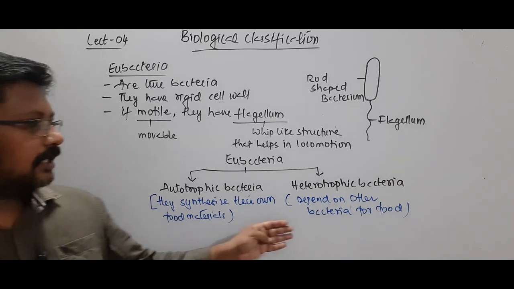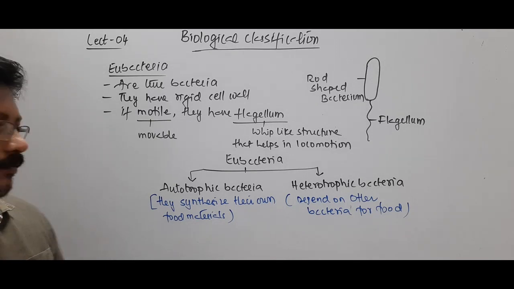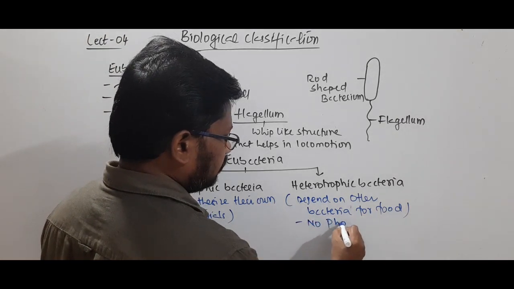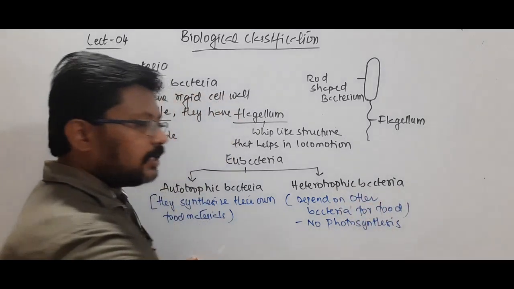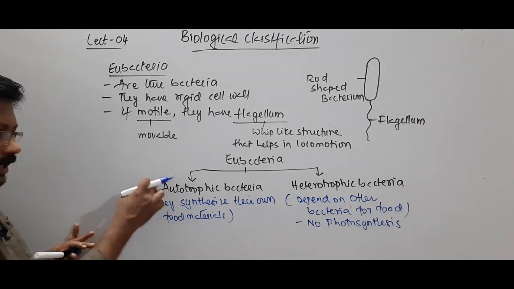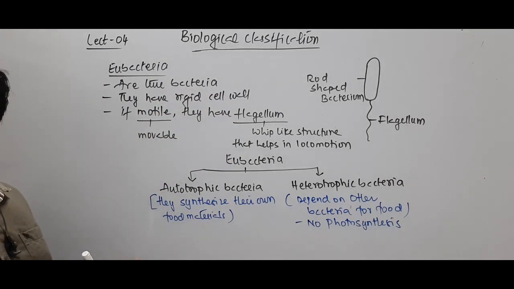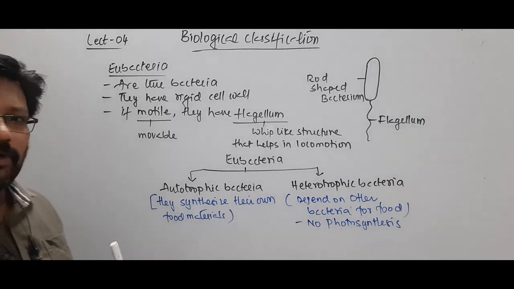You can say these heterotrophic bacteria will not perform photosynthesis, or even chemosynthesis. Whereas under autotrophic bacteria we have two categories, the photoautotrophic or chemoautotrophic.